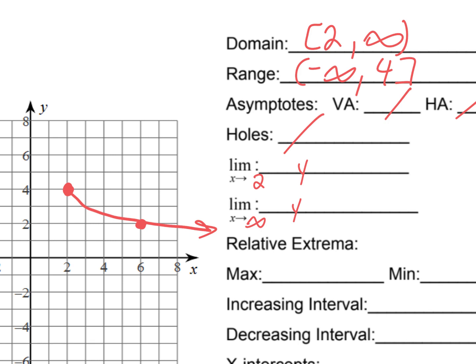Is it going to infinity as x goes left? If I trace this thing to the left, what's y doing? It's stopping right here. At what? 4. Okay. It's stopping at 4. And then what about as x goes to the right forever? Y is going... It is going to negative infinity.